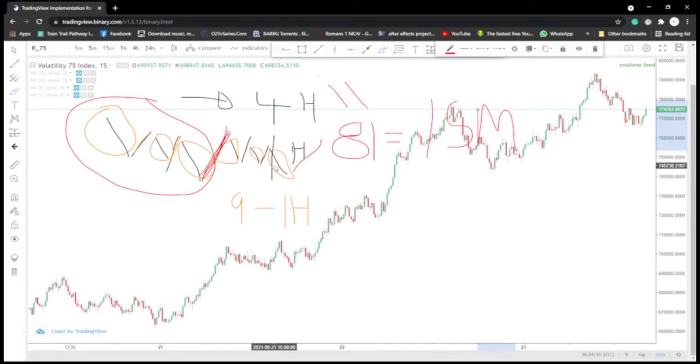This is what I said yesterday, because you'll have to have 81 levels, meaning those levels are the threes to create one level of a 4-hour, guys. So how do we trade this?